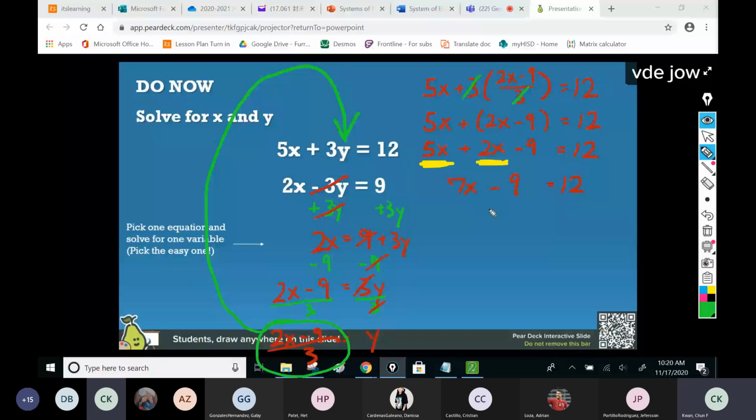Then plus 9 on the left, plus 9 on the right, so 7x equals 21. To get to x, we have to divide by 7 on both sides. So x equals 3.